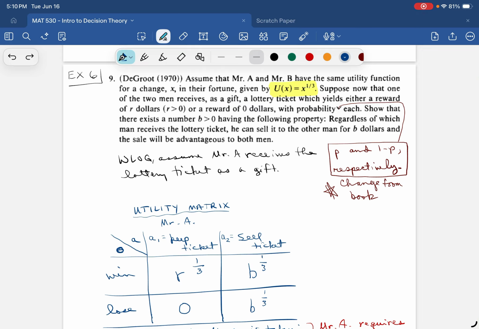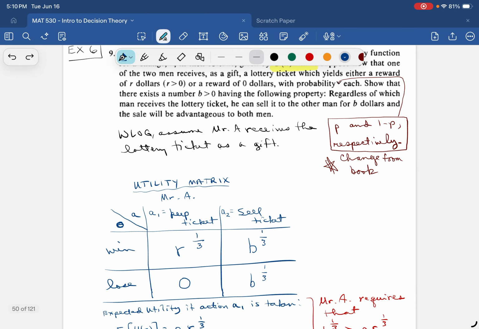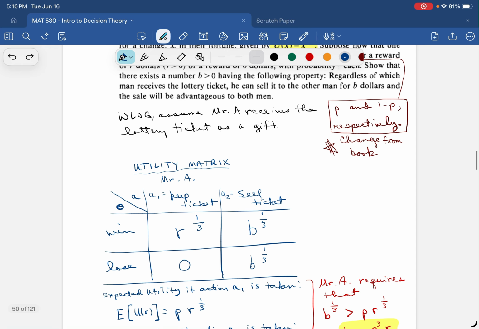So now let's look at the expected utility for each action. The expected utility if action A1 is taken would be little p. Remember that this ticket will win with probability little p, and then it will lose with probability 1 minus p, which gives a reward of 0, and so that part's just gone.